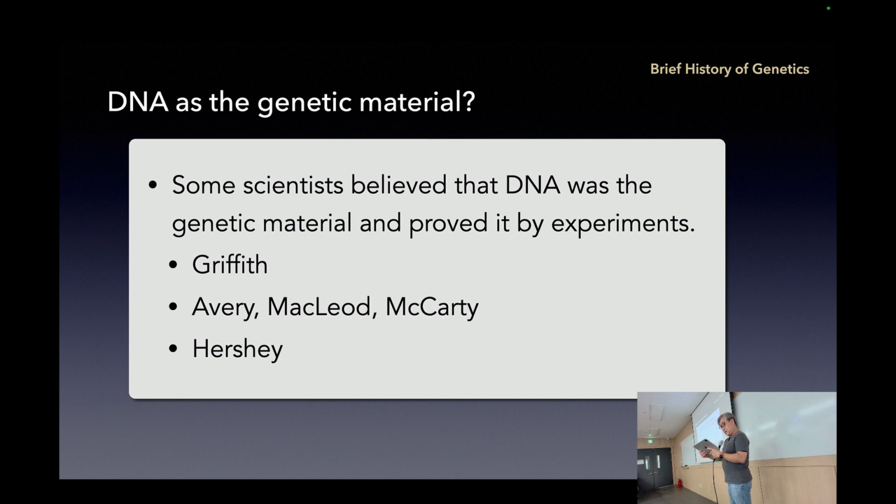Here I should go over two pioneering scientists who provided experimental evidence that, on the contrary, DNA is the genetic material. There are two lines of experiment, and the first one is not an experiment, but a simple observation that raised this question.